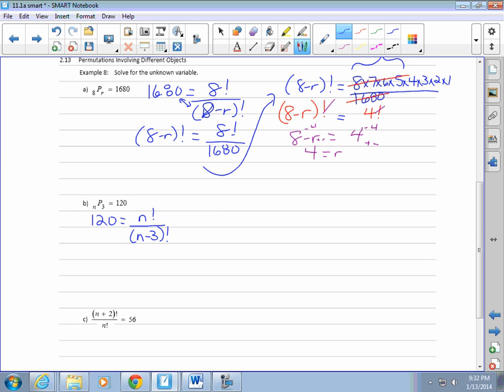So if I expand my top, I would have 120 is equal to n times n minus 1 times n minus 2 times n minus 3, and I'm going to stop there because now that matches my bottom, or my denominator. Those two will cancel.